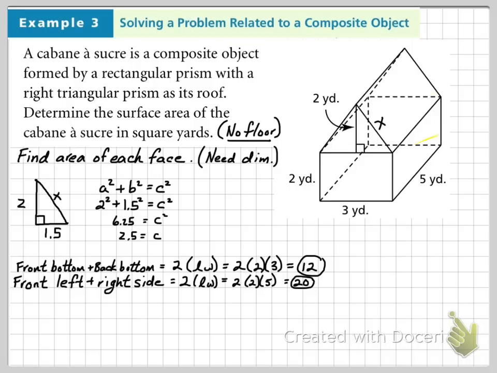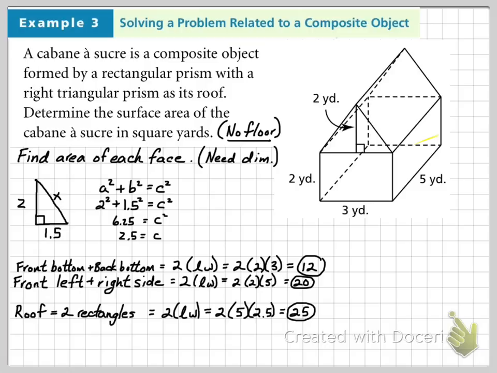Next, I'm going to need the two flat roofs. The roofs are going to be two rectangles. The width of the rectangle is going to be 5, and the length of the rectangle is 2.5. And 2 times 5 times 2.5 gives me an area of those flat roofs of 25. Lastly, I'm going to need those two triangular pieces.